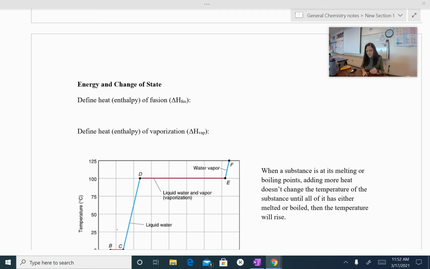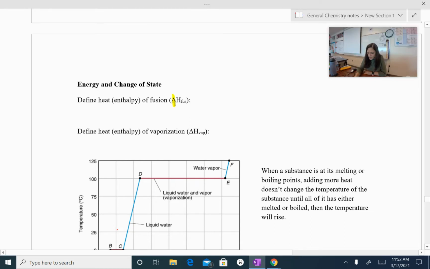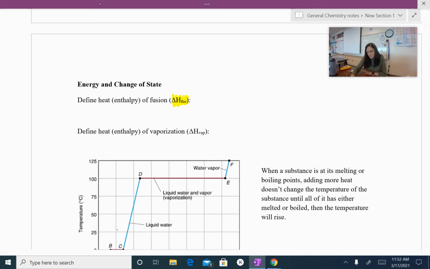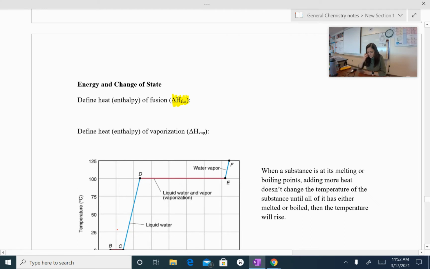So let's talk about a couple of things first. I want to define heat, or the enthalpy of fusion. We symbolize heat or enthalpy of fusion with this symbol, delta H fusion. That just gives us the heat of fusion. So here we go, let's define it.